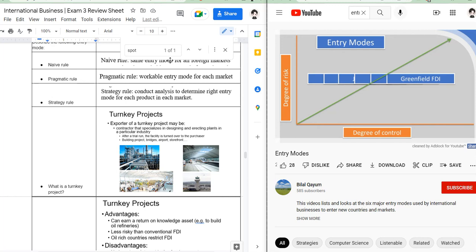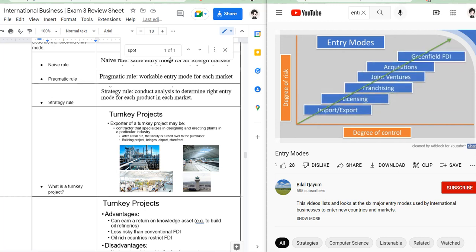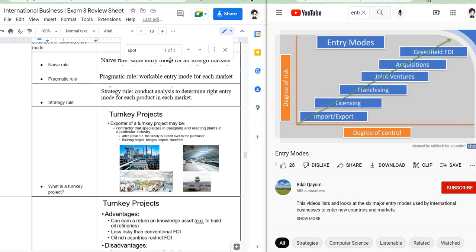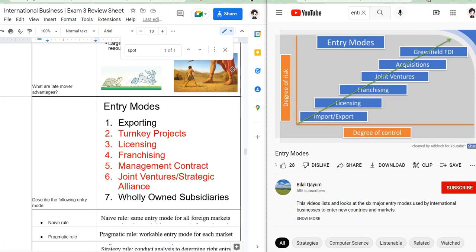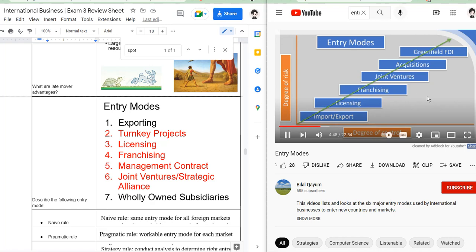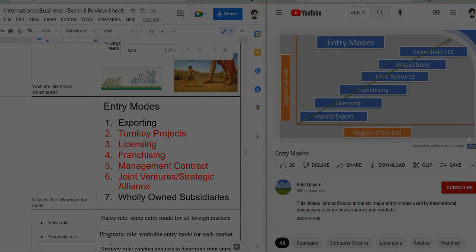So we're going to arrange our 6 entry modes along this principle, and we have importing and exporting as the entry mode with the lowest degree of control, but also the lowest degree of risk, going all the way through to Greenfield FDI, which offers the highest degree of control, but also represents the highest degree of risk.